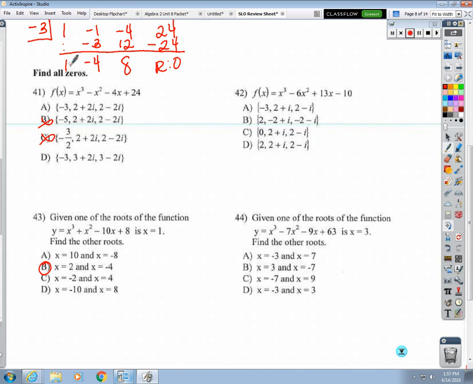You're left with 1x squared minus 4x plus 8. Anytime we see a trinomial, we normally think, oh, well, let's factor using the bubble method. But can you think of two numbers that multiply to 8 and add to -4? No, there are no two numbers that do that. So you have to go to quadratic formula.